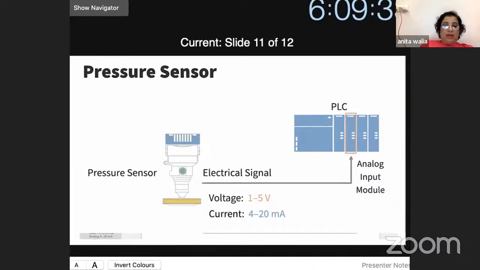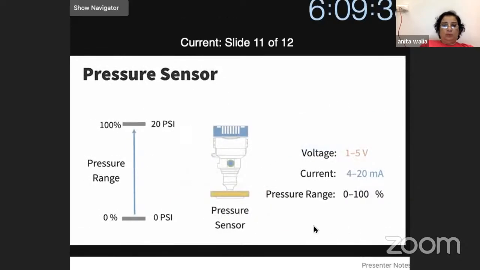Okay, so the volt and current values can represent the pressure range, which can be from 0 to 100. That is the sensor pressure range.